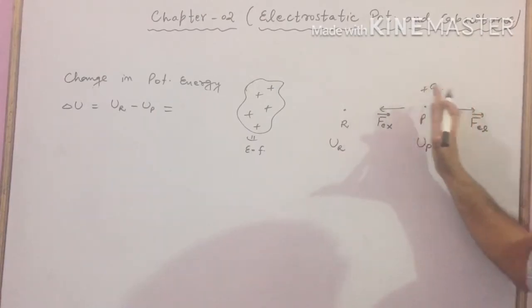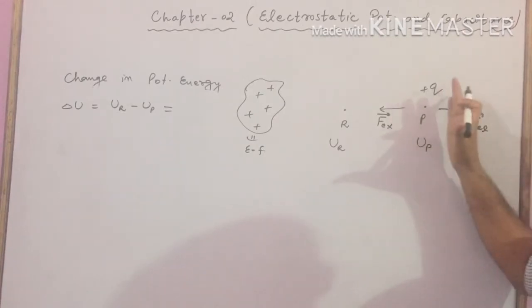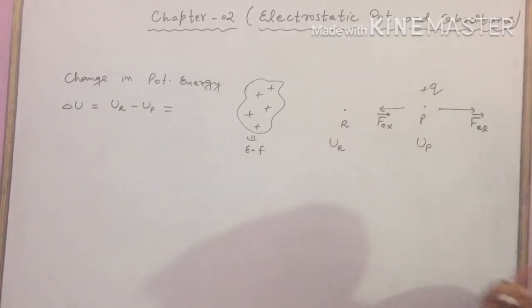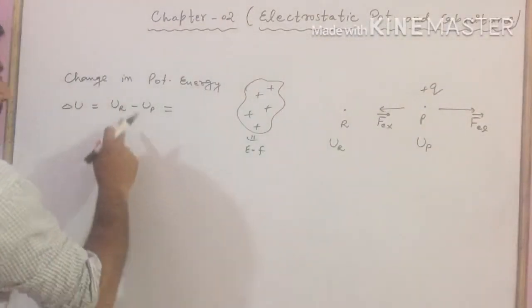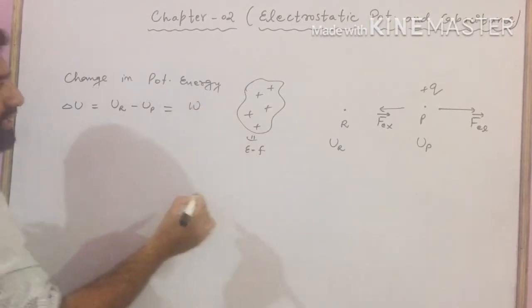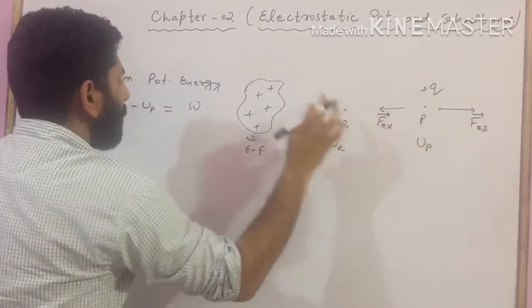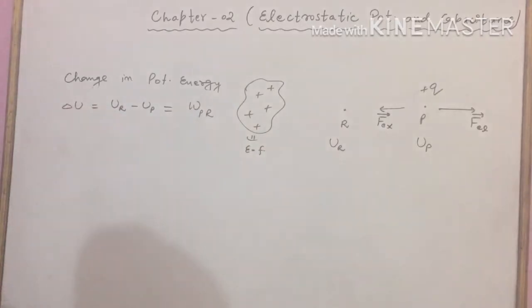I have to push this charge towards this, isn't it? So when I am pushing this charge and the charge is getting displaced, it means I am doing some work on the charge. So the change in potential energy will be equal to the work done in moving the charge from point P to point R. I can write it as WPR.